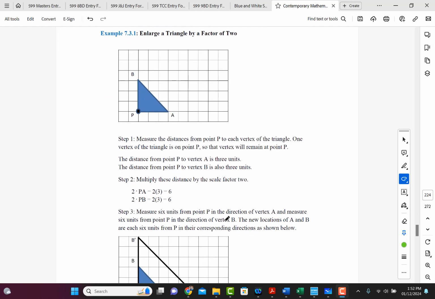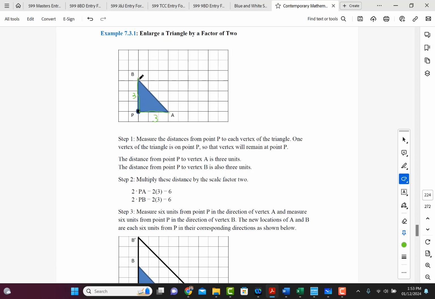Okay, so we want to enlarge this by a factor of 2. So what we're going to do is take the distance from P to A and the distance from P to B, and multiply each distance by 2. This is 3 units here and 3 units here, so we're going to double it to 6 units.